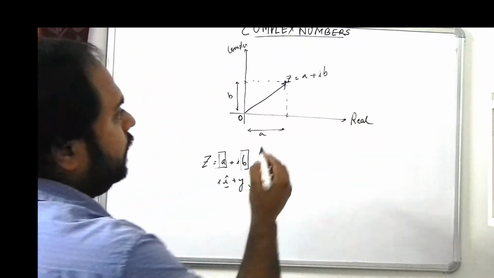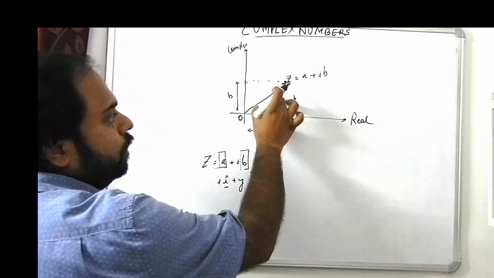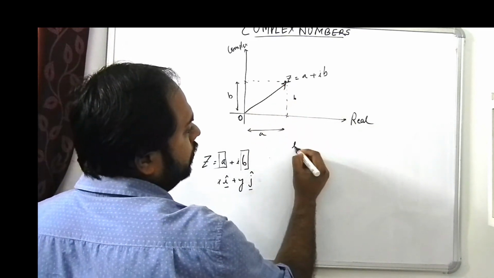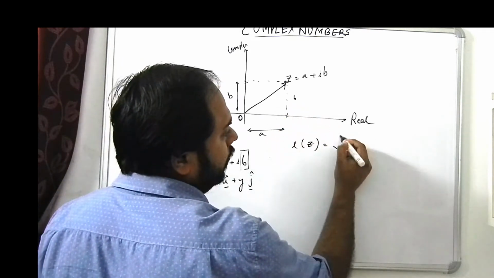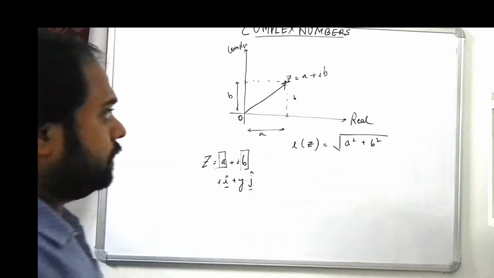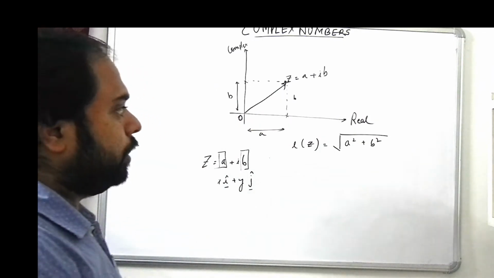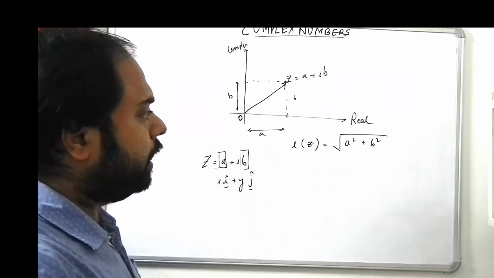I know this line is b, so I know the length of z is the square root of a square plus b square. This is coming from the Pythagoras theorem. Now, what is this number a square plus b square?